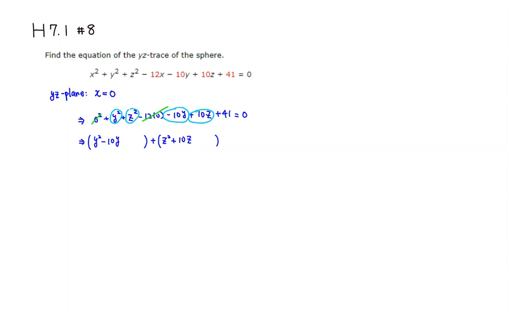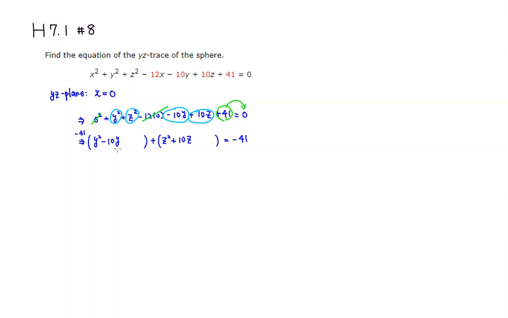Then I'm going to push the 41 over to the other side, where it becomes negative 41. So by subtracting 41, this is equal to negative 41.